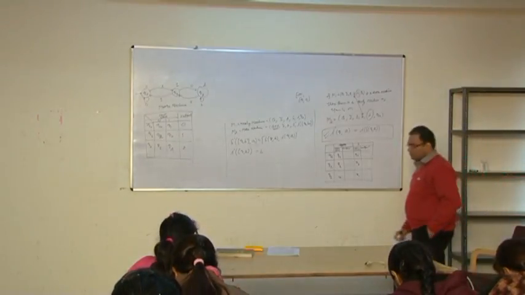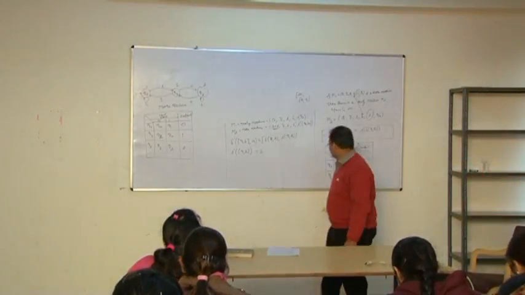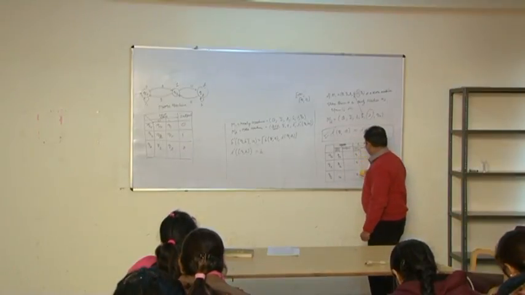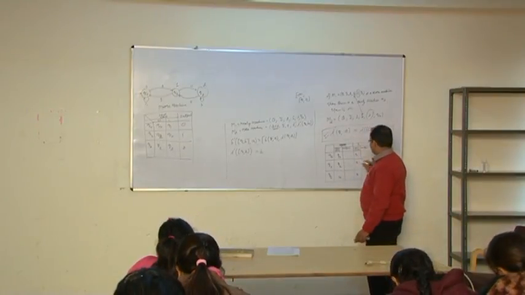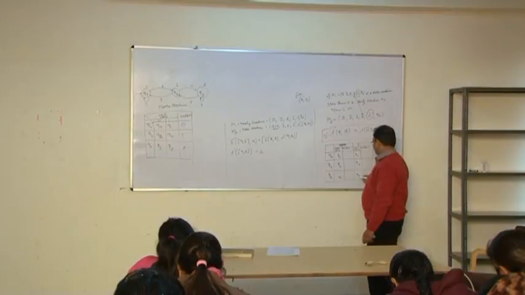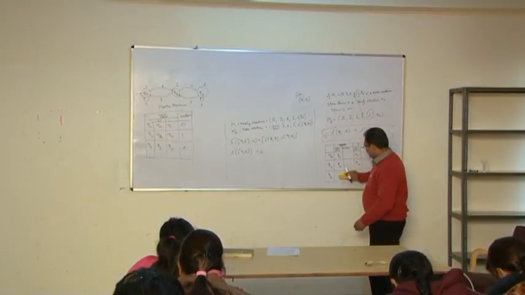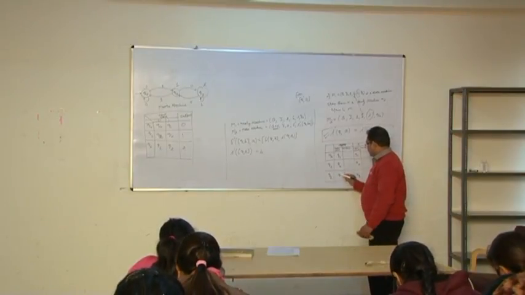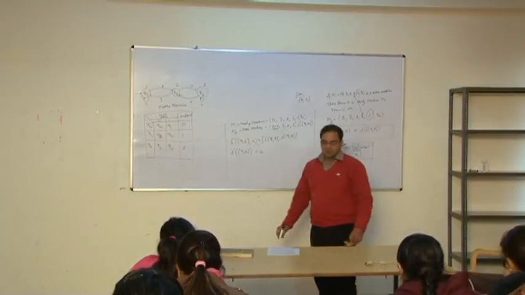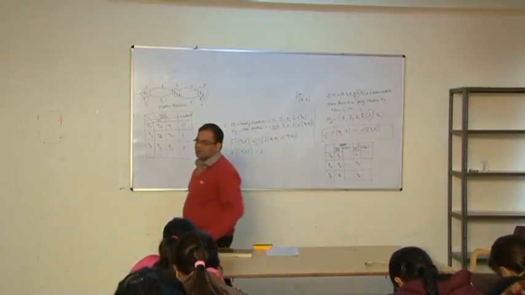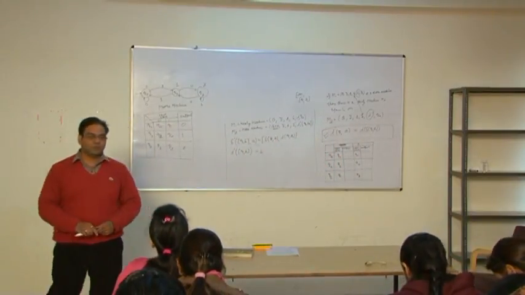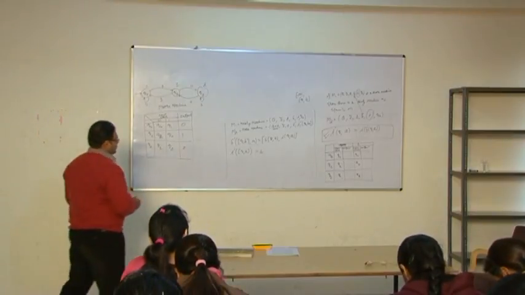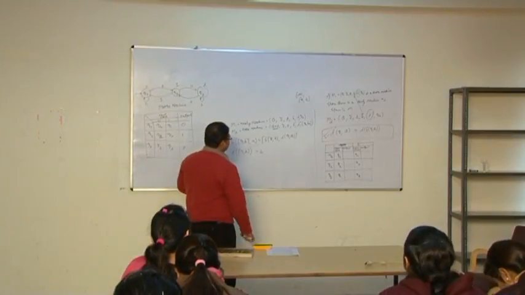Q1, Q0, this is Q1. Now how to find the output symbols corresponding to each?